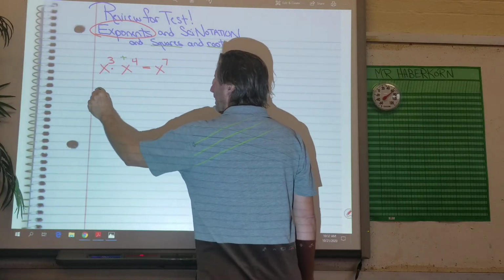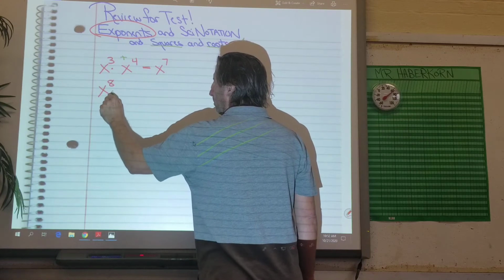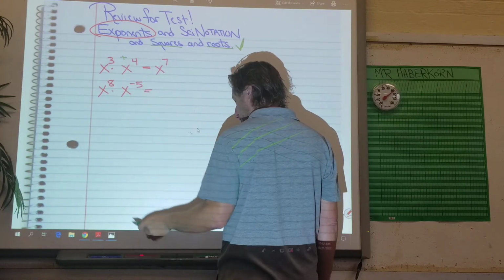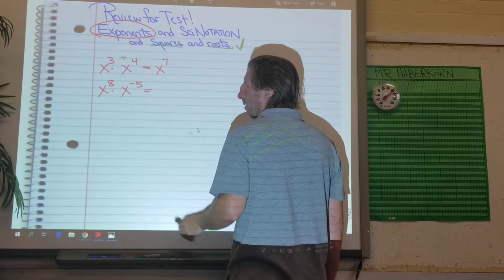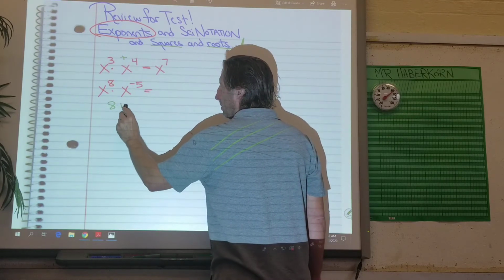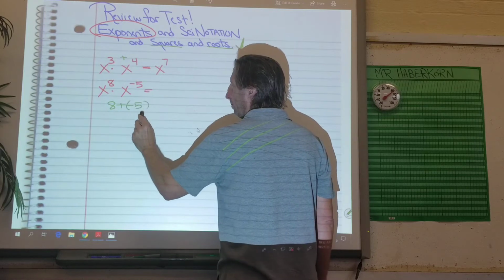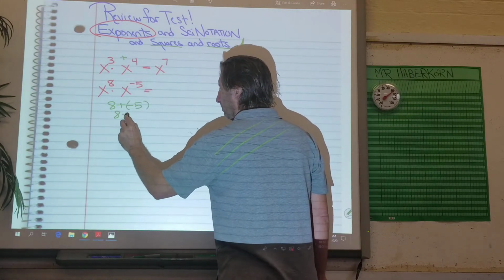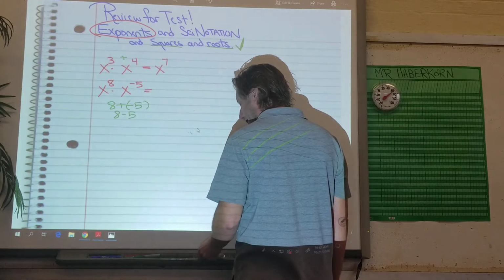And say we had a negative in there. What you would do in this one is 8 plus negative 5, right? Still adding them. Plus and minus turns into a minus. And we get 3, right?